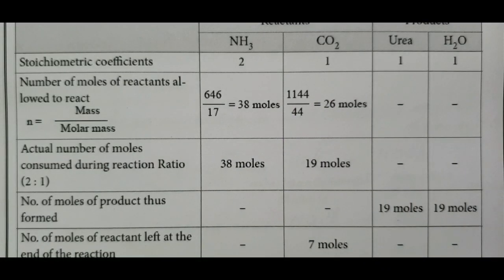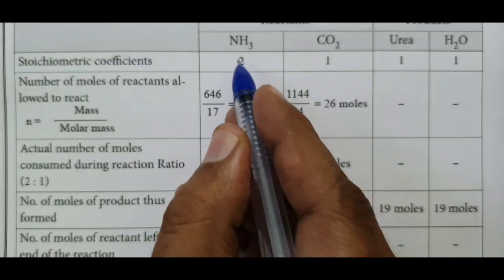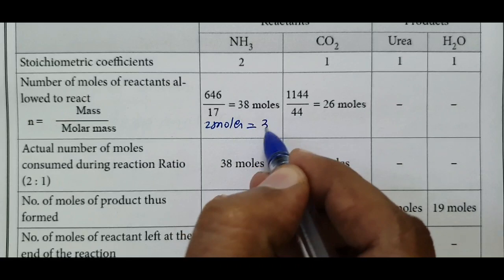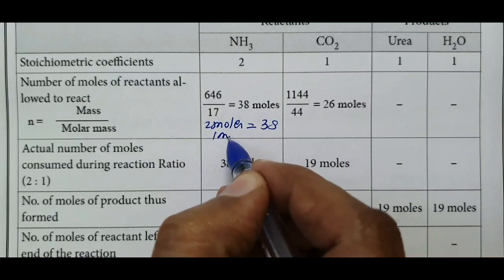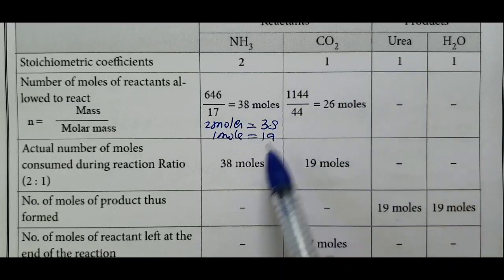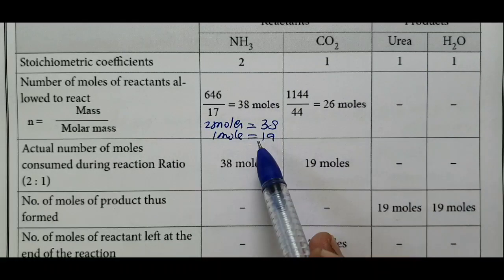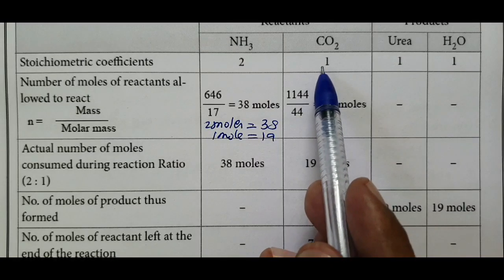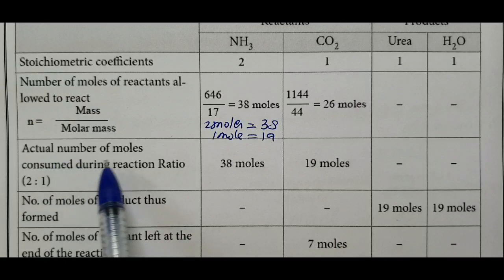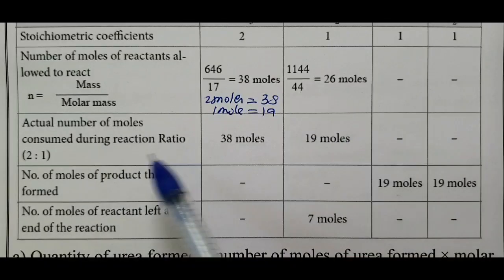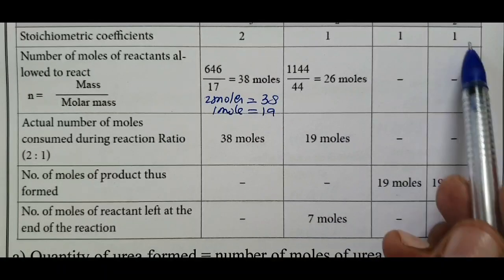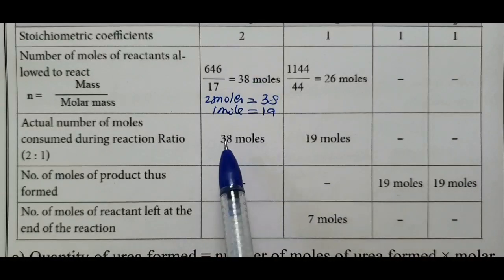Now, from the ammonia, 2 moles of ammonia means 38 moles. 1 mole of ammonia means 19 mole. So, here wherever 1, it is 19 mole, 2 means 38. Actual number of moles consumed during the reaction, 1 mole equal to 19, product formed 1 mole equal to 19, 2 moles equal to 38.